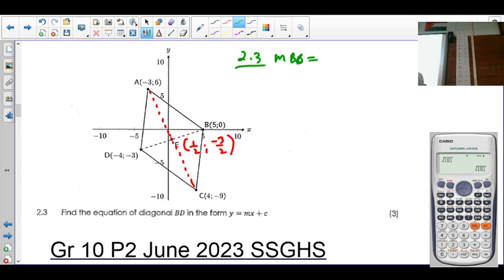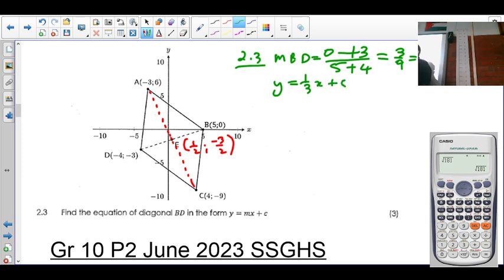No. So how do I calculate the gradient? y2 minus y1 over x2 minus x1. So it's going to be 0 minus 3 over 5 minus 4. So that will give you 3 over 9, which is a third. So y is equal to a third x plus c. We now substitute either B or D, that's the x and the y.